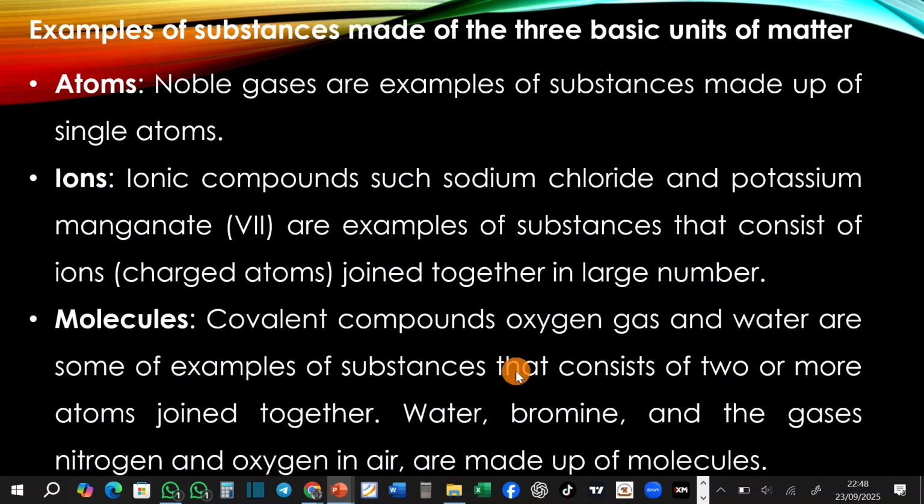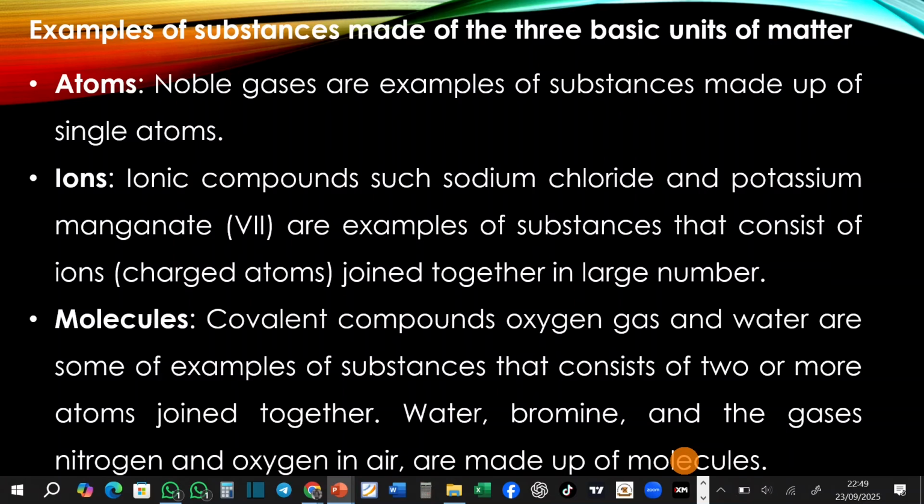These are some of the substances that we can find in the universe that consist of two or more atoms joined together. Water, bromine, and the gases nitrogen and oxygen in air are made up of molecules. Okay, so this is what, ladies and gentlemen, we need to understand.